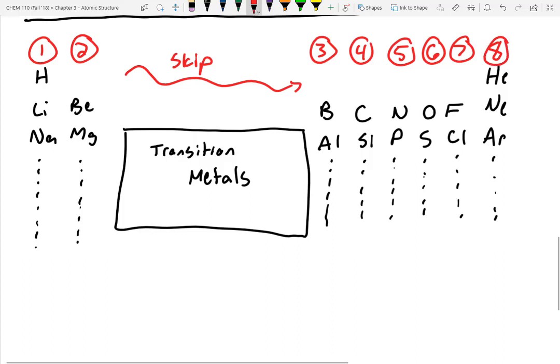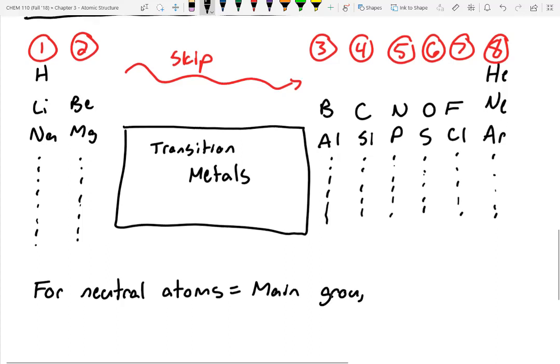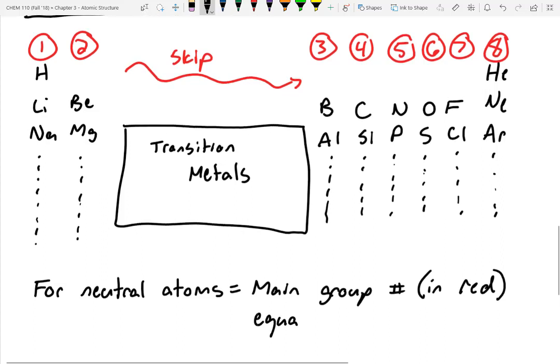So that's a really simple way of determining the number of valence electrons. So for neutral atoms, all you need to do is find that number. These are referred to as main group numbers. It equals the number of valence electrons.